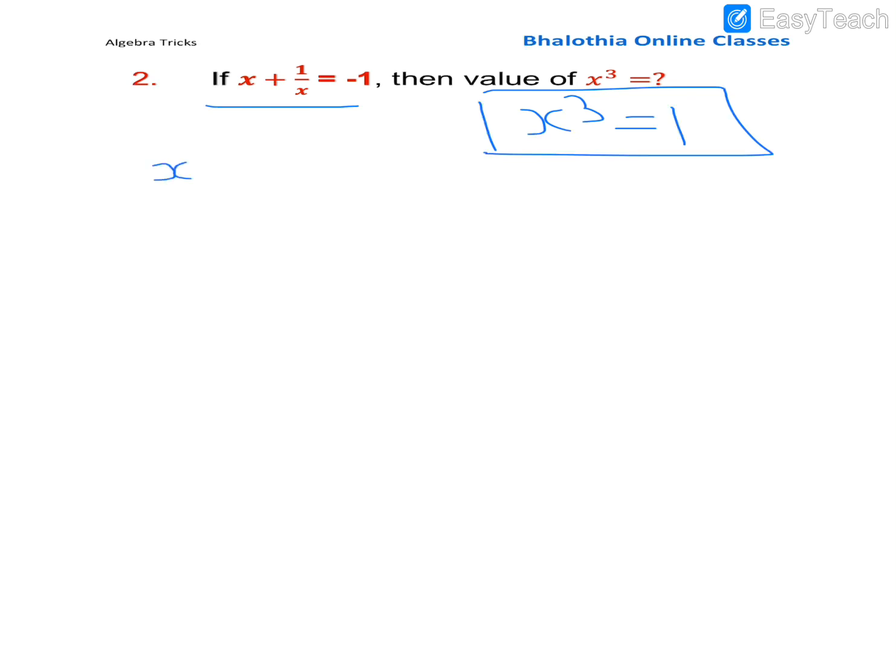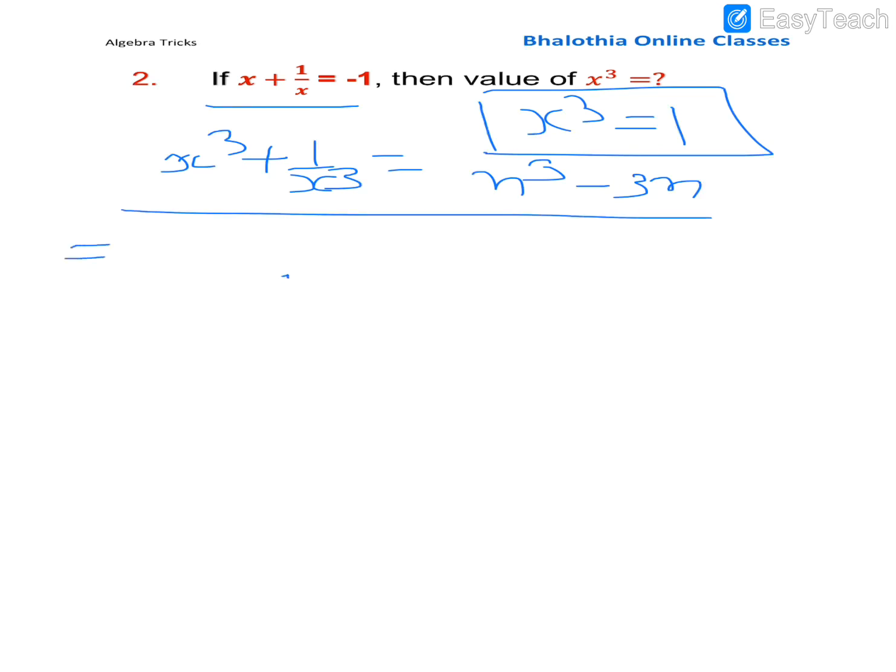See, we know the formula of x cube plus 1 upon x cube, right? So x cube plus 1 upon x cube will become equal to n cube minus 3n. So this is our formula for x cube. And now let's put the value of n equal to minus 1.